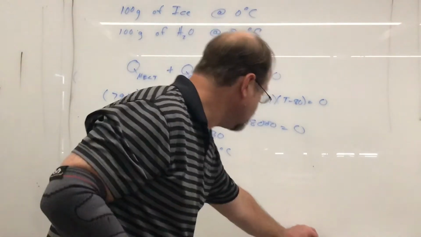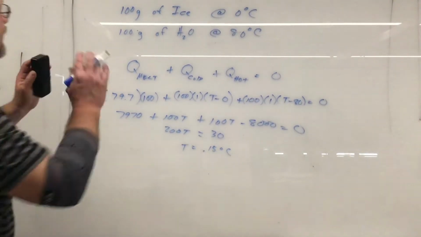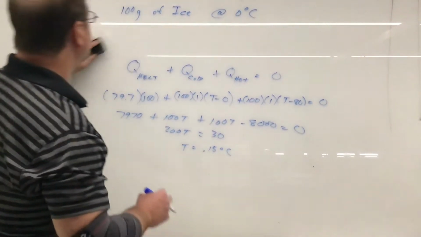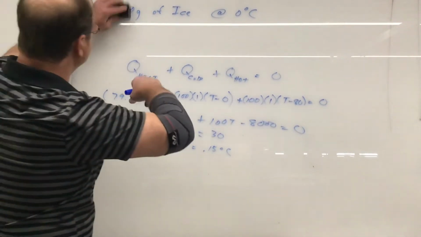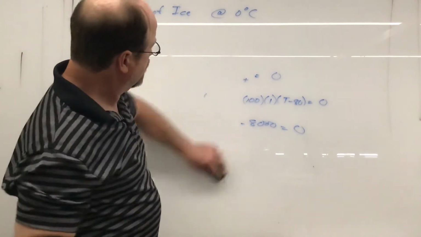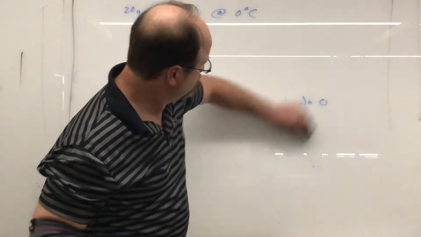Now I'm going to change this example a little bit and say, okay, instead of 100 grams of ice, I'm going to go down to 20 grams of ice. We're going to do 20 grams of ice.